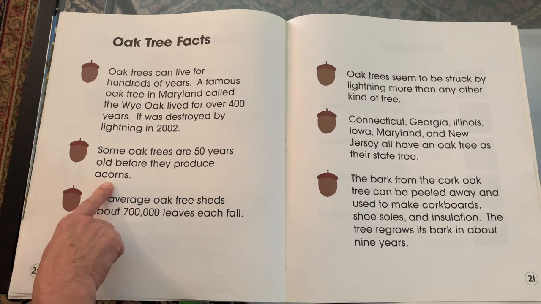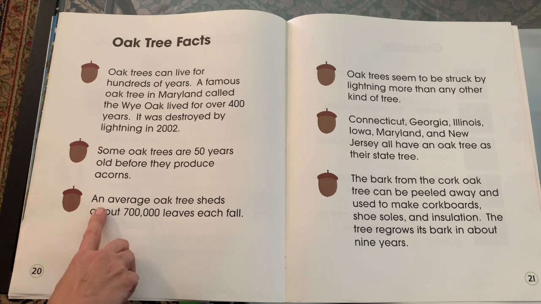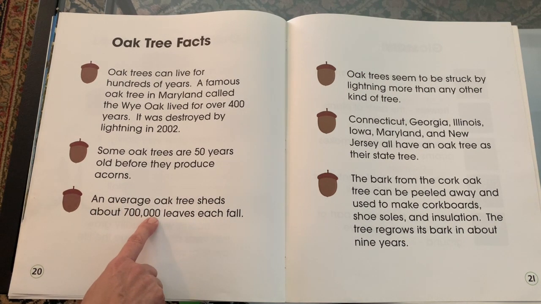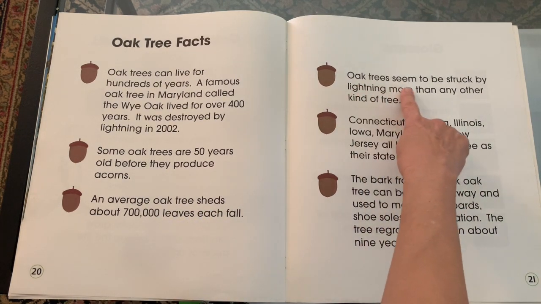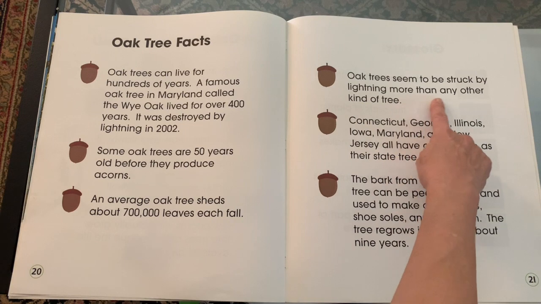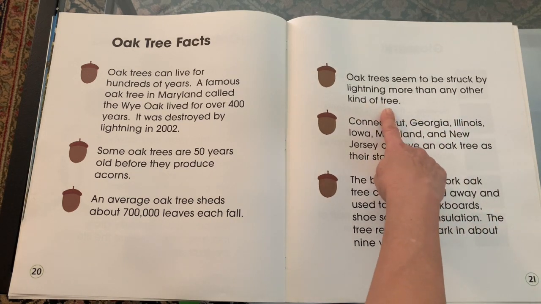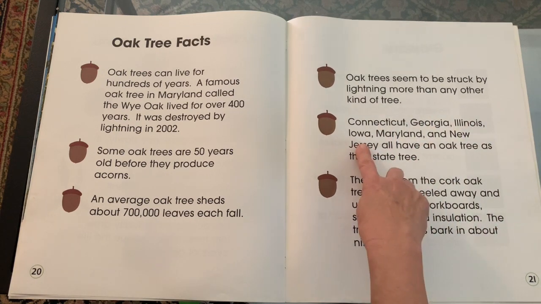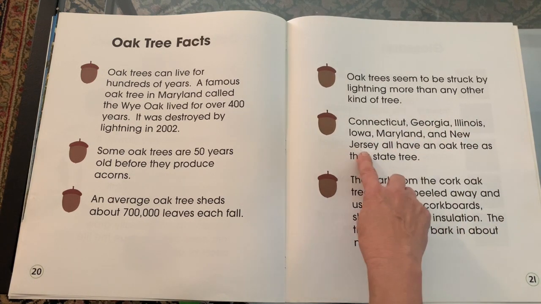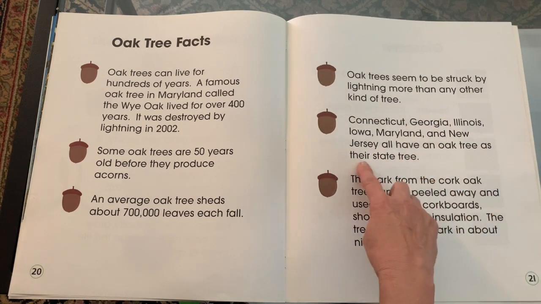So almost as old as I am before they actually produce an acorn. An average oak tree sheds about 700,000 leaves each fall. Oak trees seem to be struck by lightning more than any other kind of tree. Connecticut, Georgia, Illinois, Iowa, Maryland, and New Jersey all have an oak tree as their state tree.